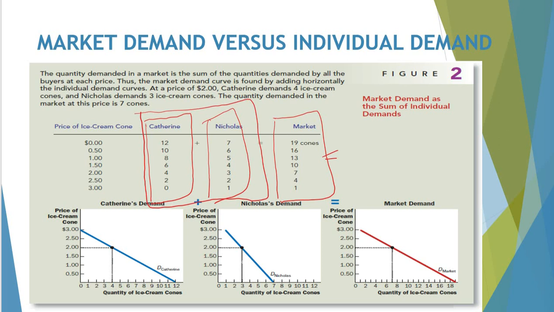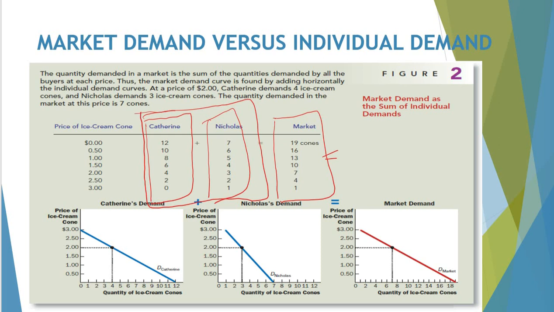Market demand is the quantity of good demanded by all individuals in the market at a certain price and of course at a certain period of time. So certain price, certain period of time, jangan lupa itu adalah keywords yang kena ada. So in other words, we can say that market demand is the combination of the individual demands in the market.